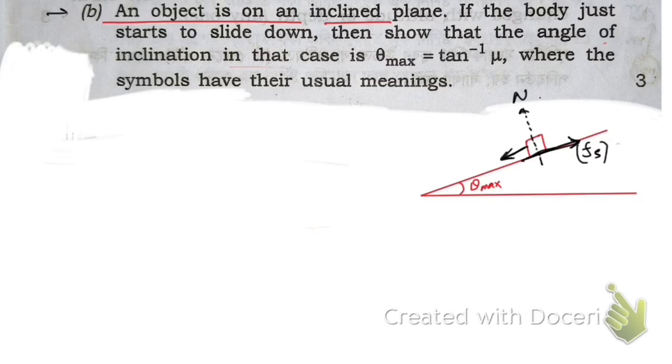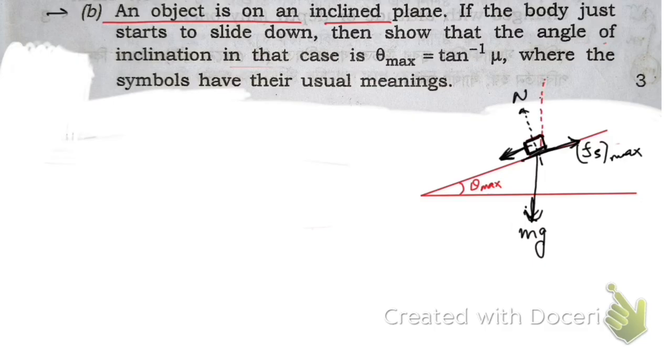Here I am going to write Fs max, because in this situation the friction will be the limiting friction when the object just starts to slide down. Now you see the mg, m into g, mass of the object, g is the acceleration due to gravity, will act in this downward direction, right?